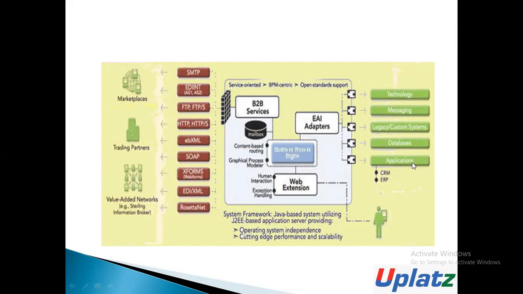Similar to that, our SAP system will send an 855, a purchase order acknowledgement, in IDoc format to Sterling Integrator. Sterling Integrator, with the help of the business process, the mapping and everything, will translate it into EDI format, which is accepted by the trading partner.